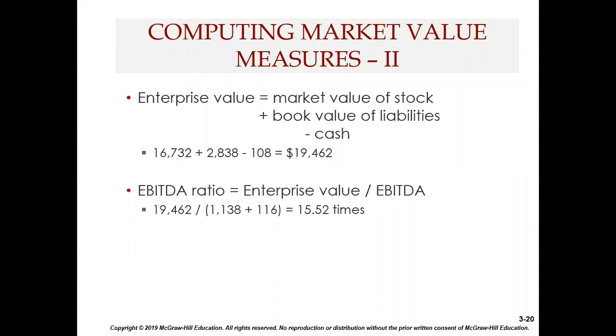We add the book value of the liabilities, which usually isn't that far off from market. So that is the total really of the market value of the assets, liabilities plus equity. Subtract out the cash portion because we're determining operating assets. We don't want cash involved in that. So the total enterprise value, the value of those operating assets right now in the market, is $19,462.